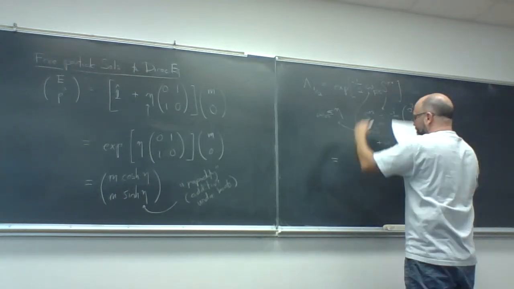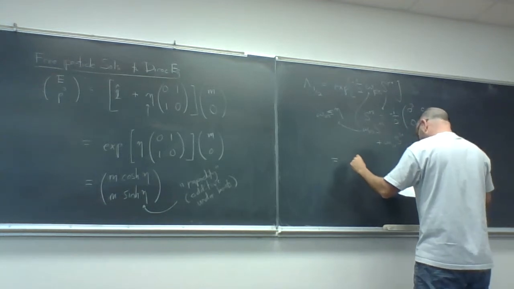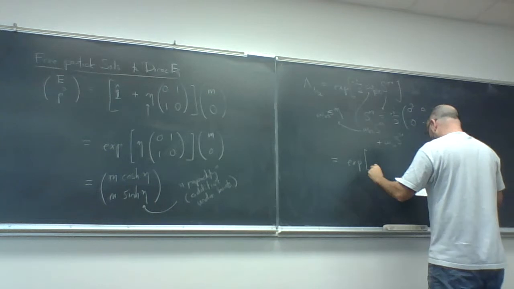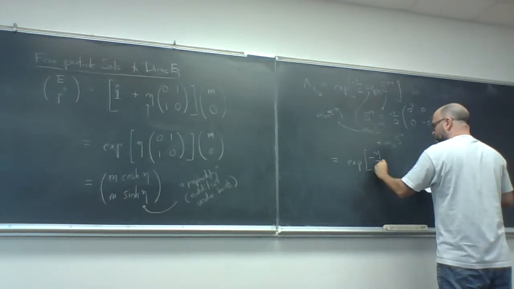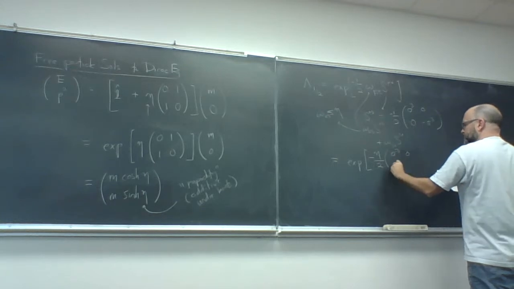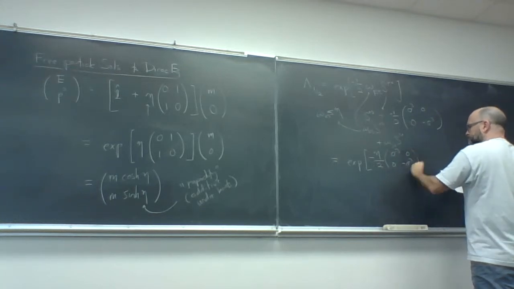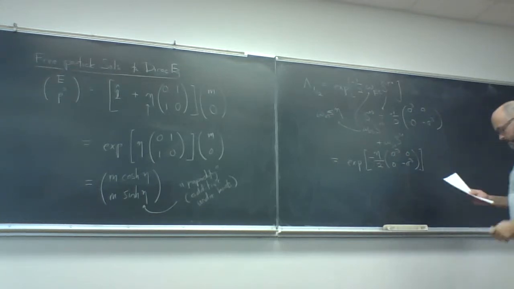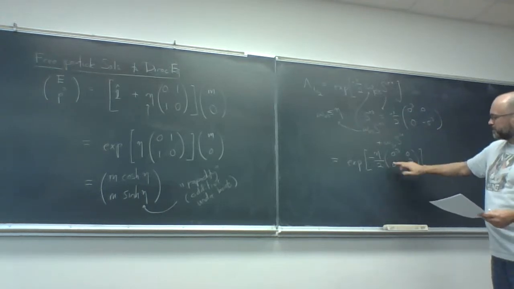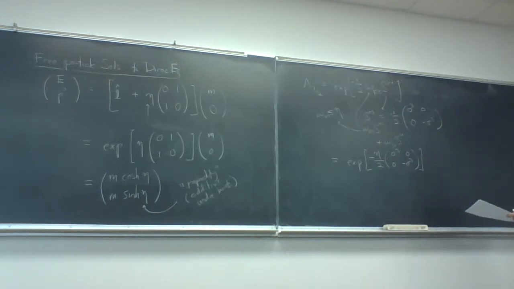If you follow the arrows, you find that this matrix can be written as minus eta over 2 times sigma 3, 0, 0, minus sigma 3. So that's what our Lorentz transformation looks like for the specific case of a boost along the z direction.